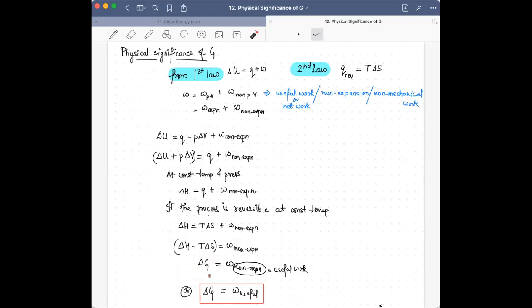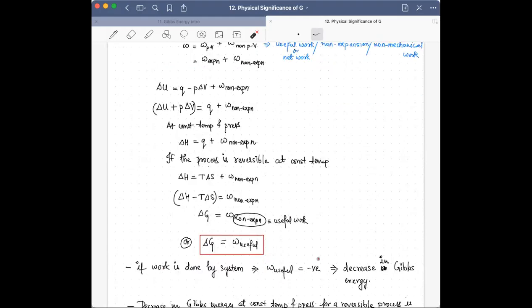So now what do you see? Delta G is equal to work of non-expansion. And oftentimes it is referred to by more understandable terms like useful work or net work. So rather than using non-expansion or non-mechanical work, it is better to use the subscript useful, work useful or net work, that is obtained from the system.